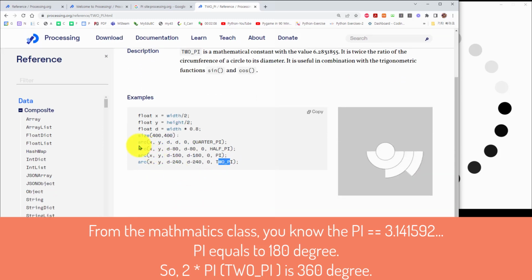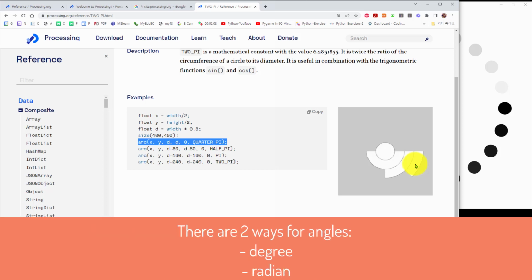So 2 pi will be the full circle around the center. Pi will be a half circle. Half pi will be 90 degrees. Quarter pi will be 45. This is the radian way to denote angles. There are two ways, radian angle and degree angle.